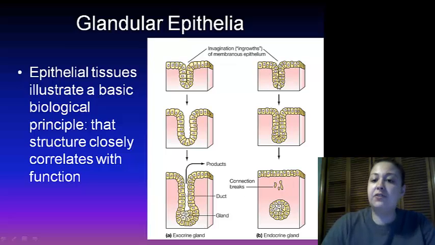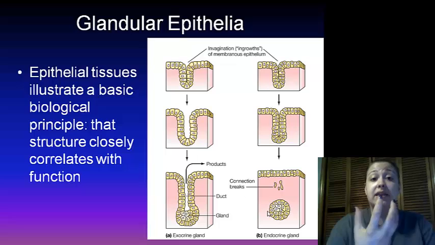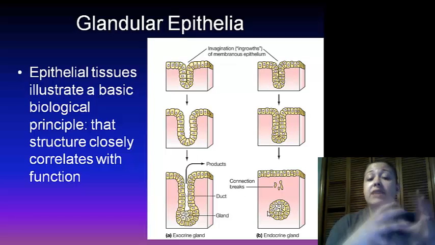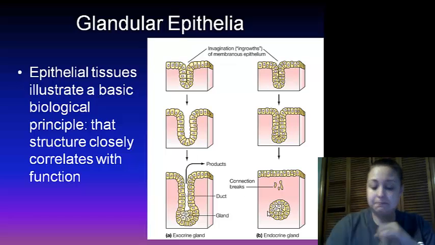Now, if the fold then degrades up top and forms a gland inside that does not have a way out, it is called an endocrine gland, and it will produce substances for inside of the body.